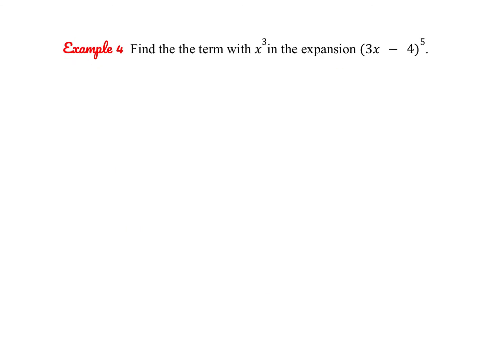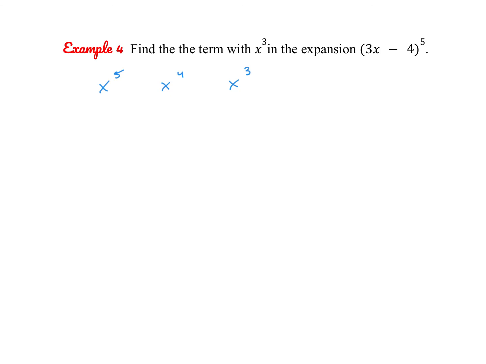All right, this is the last one we're going to try together. So here we're going to find the term with x cubed in this expansion. So we have to do a little bit of critical thinking here. If we want to find the term with x cubed, we know that the first term, when we multiply it out, will have x to the 5th, and then the next term will have x to the 4th, and then the third term will have x cubed.